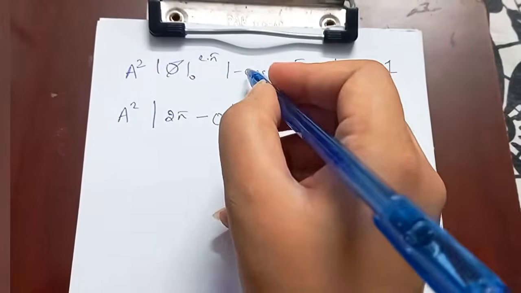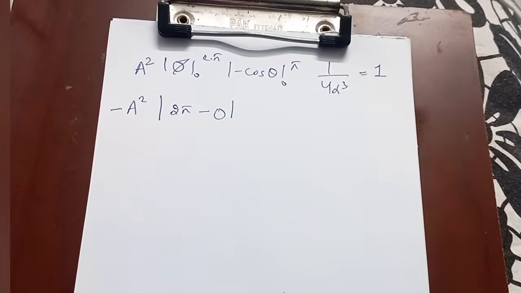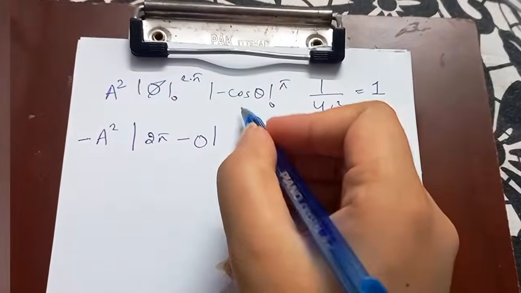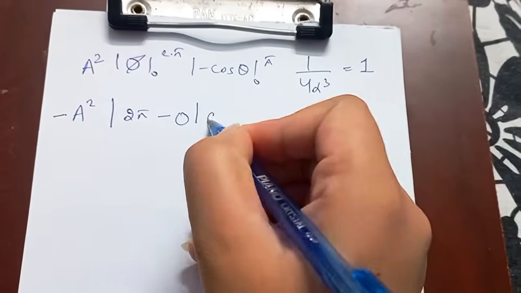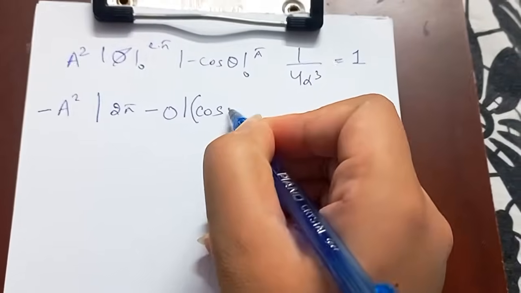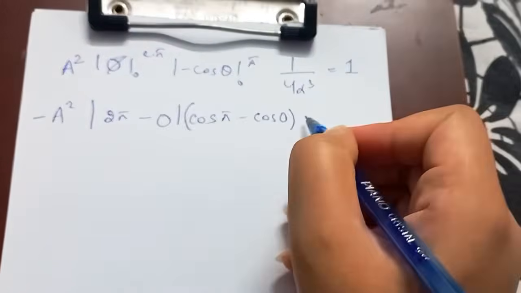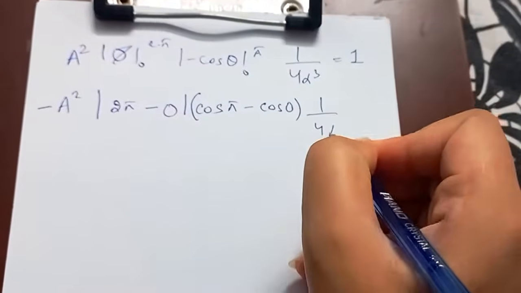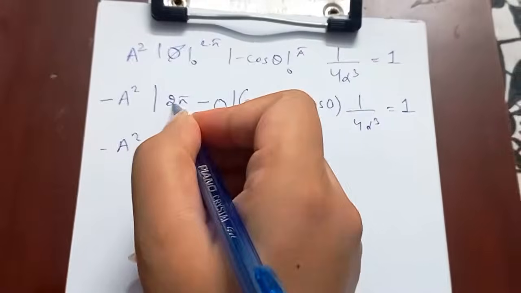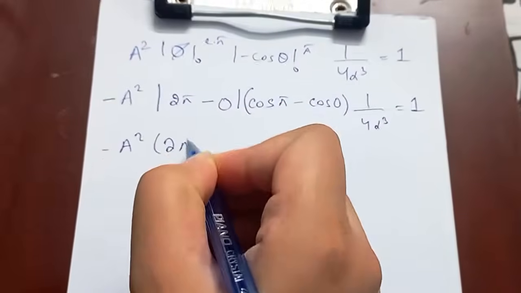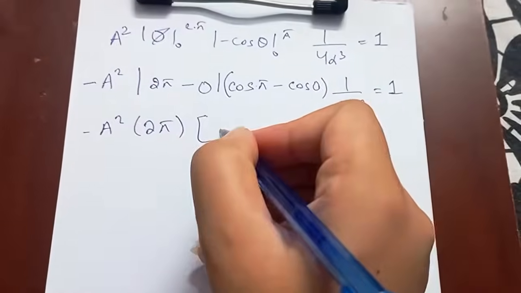Then we have this term, we can take the negative sign out of this cos theta term, and upper limit minus lower limit. In place of theta we write pi, cos pi minus cos 0 degree, and 1 over 4 alpha cube, that is equal to 1, minus A square, this is 2 pi minus 0, which is 2 pi again, and cos pi is minus 1.